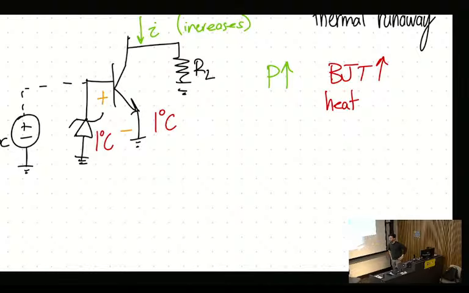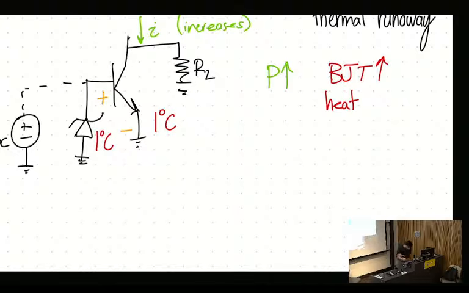So let's imagine there's an increase in power with the Zener diode configuration. The Zener diode is effectively clamping the voltage at some particular voltage. But the amount it's clamping also changes. I think it's 1 millivolt per Kelvin or something. But that effectively changes the gate voltage at the base of the BJT. So what might happen next? Yep.